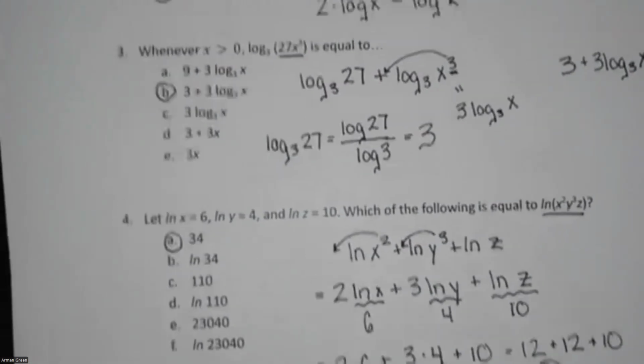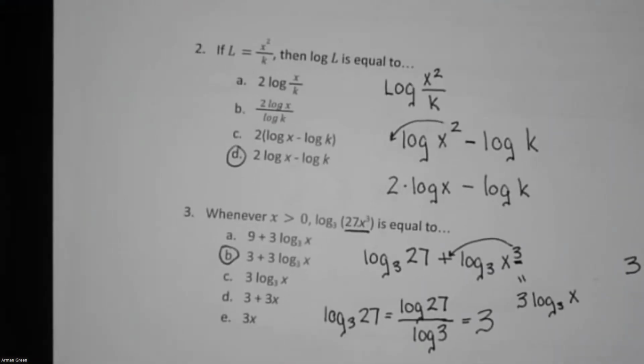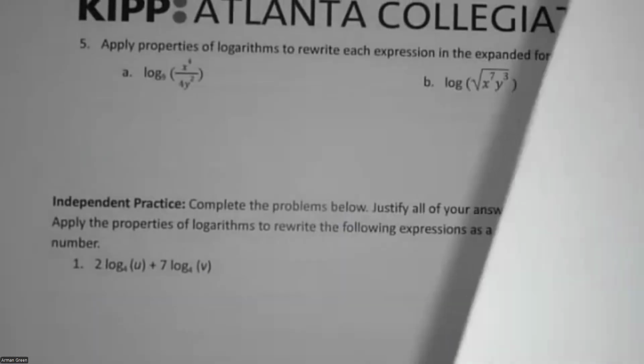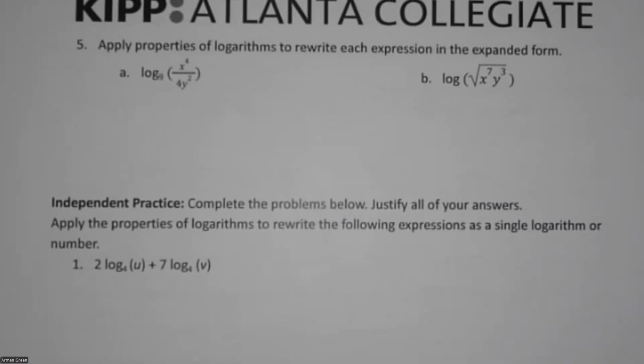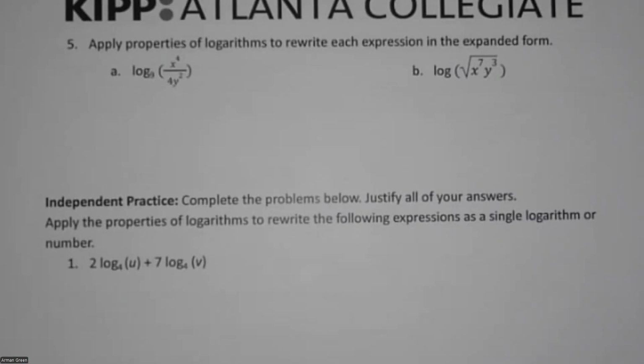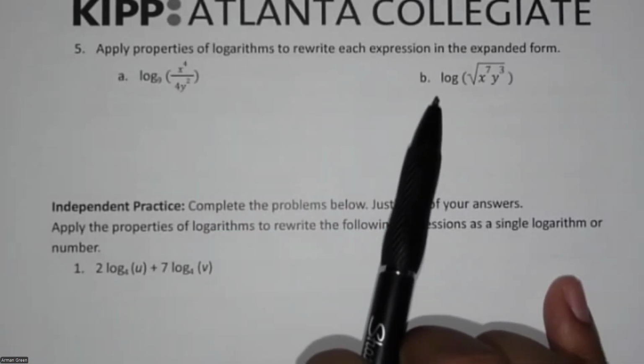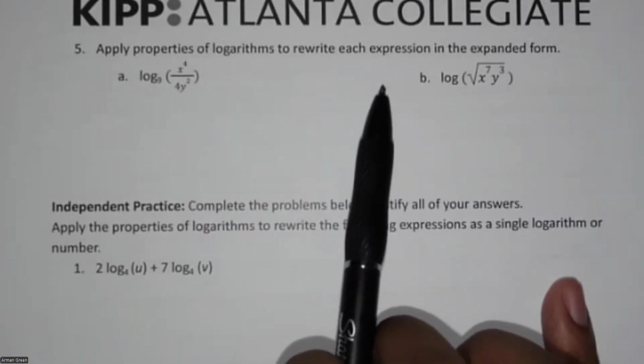All right. So if we look at page 23, at the top of page 23, question 5, you have two additional problems listed here. The goal is that we're going to apply our properties of logarithms to see if we can simplify each of these logarithms provided.